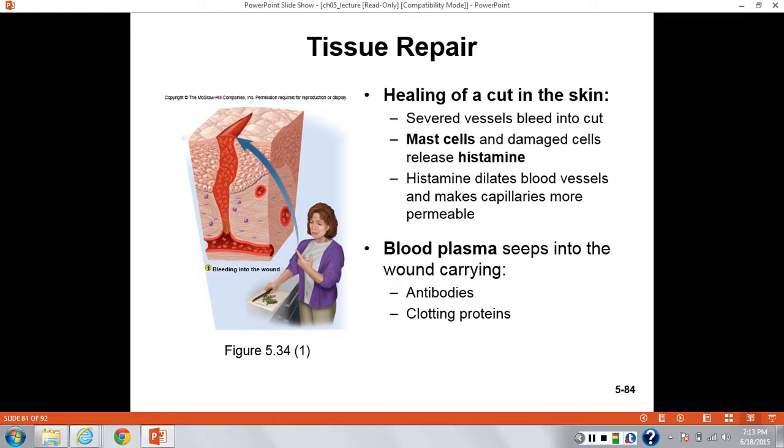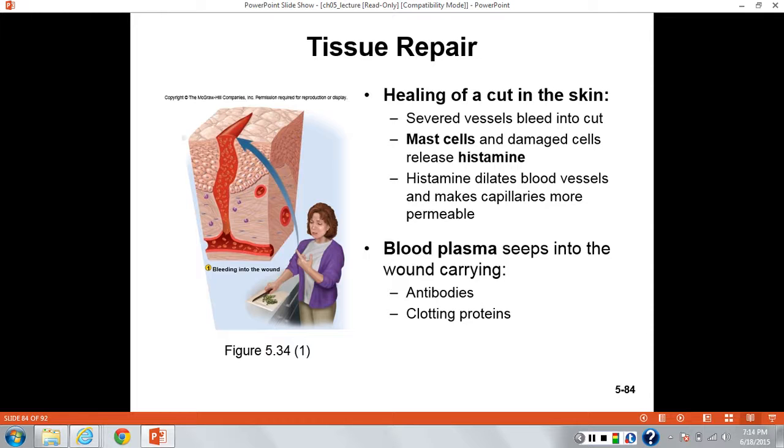Then you want granulation and fibrous tissue to come in to start what? Fill it in. You want your white blood cells to come in to kill any foreign agents that may have gotten there. Sometimes we may get a clot there. You want that clot dissolved and broken up, and you want to start new vascular tissue to what? Take in.